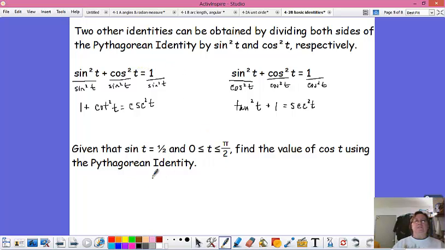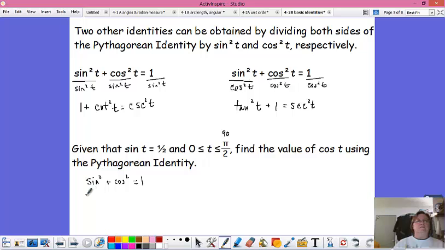This problem is an interesting one. It says if we know that the sine of some angle is 1/2 and the angle t is between 0 and pi halves, that would be 0 and 90 degrees. What we want to do is find the value of the cosine using the Pythagorean identity. Well, Pythagorean identity says sine squared plus cosine squared equals 1.